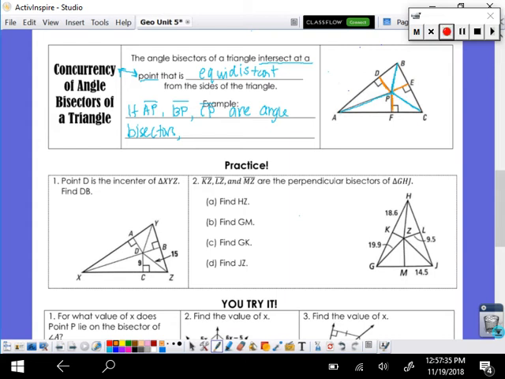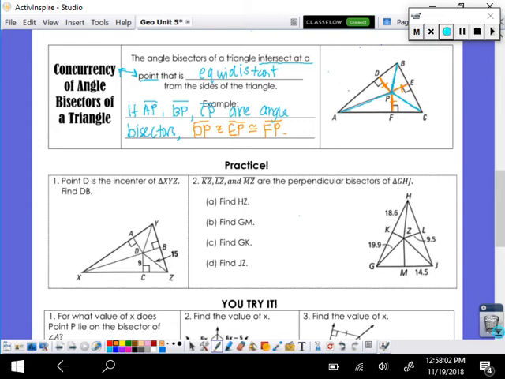So we know that DP will be congruent to EP, which will be congruent to FP. Okay, you can put little tick marks on all three of those places. So angle bisectors, that point, will be equidistant to all three sides.